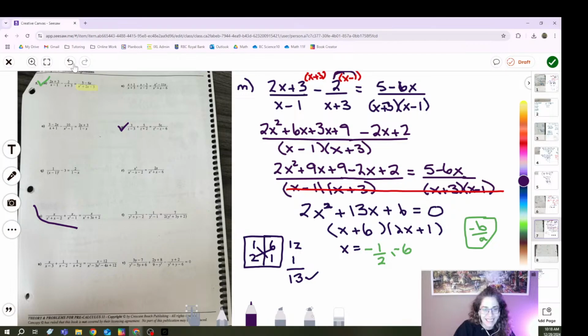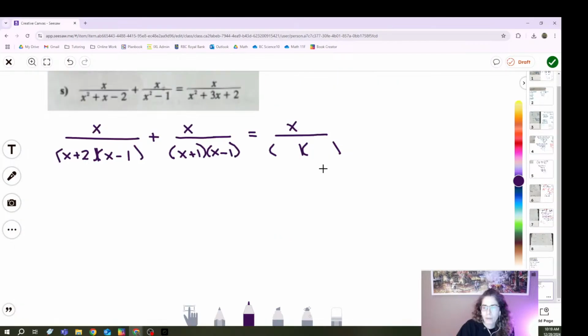What do we call that? Difference of squares. Good. And the last part. Okay.